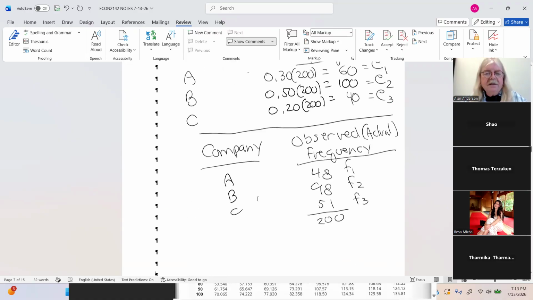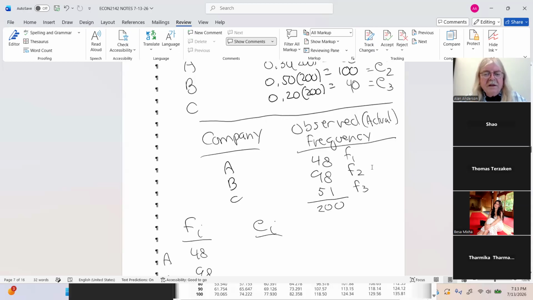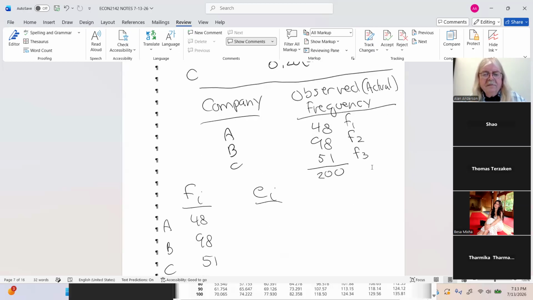Now, what I'm going to need to do here is write these out a little better. So here we have 48, 98, 51. Here the expected frequencies were 60, 140.